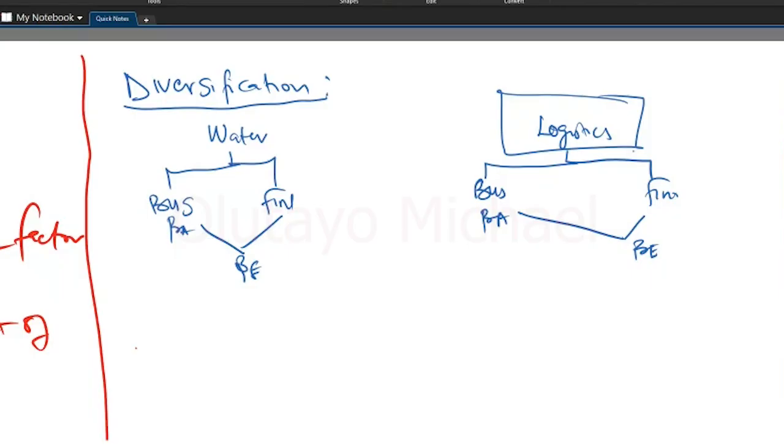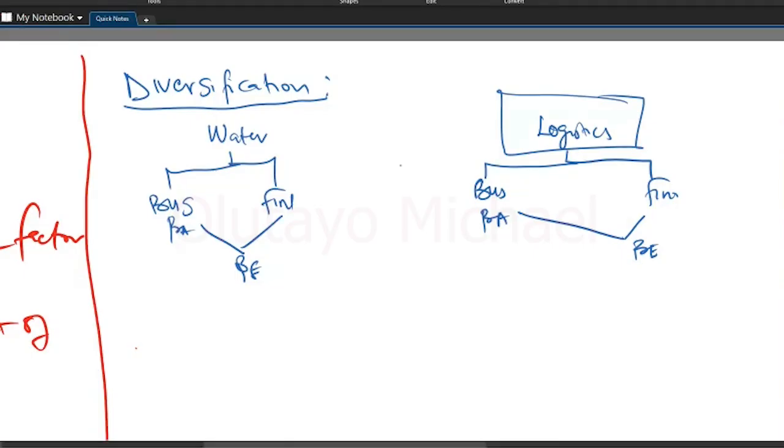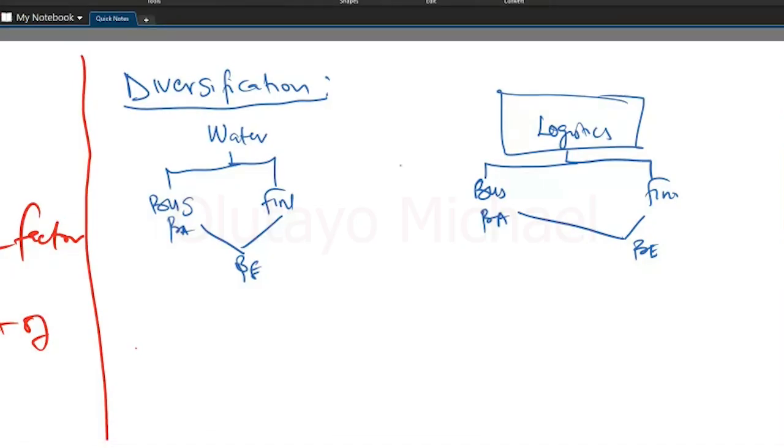So in the same vein, I want to go into a new business, logistics. I will first of all do my future cash flows: how much will I generate from the business in the next 4 years? Then what I need to do is discount it to present value, just like what we do under NPV. When we get cash flows, we discount them with the cost of capital.